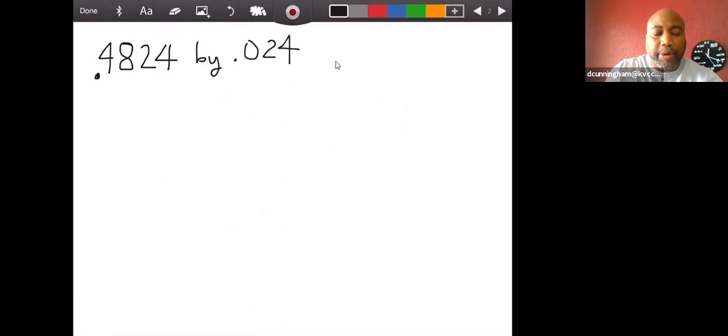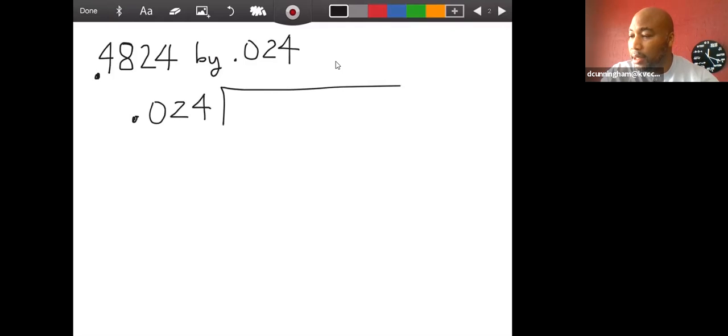Now let's look at this problem. Let's set this up as a division problem because it is a division problem, and we're dividing these two decimal values. So we got 0.024 and we have this here. Now before we divide, we want to make sure we move those decimal places and make that divisor a whole number.